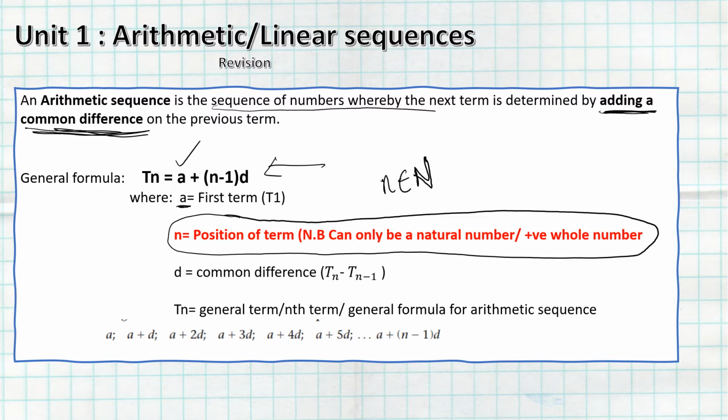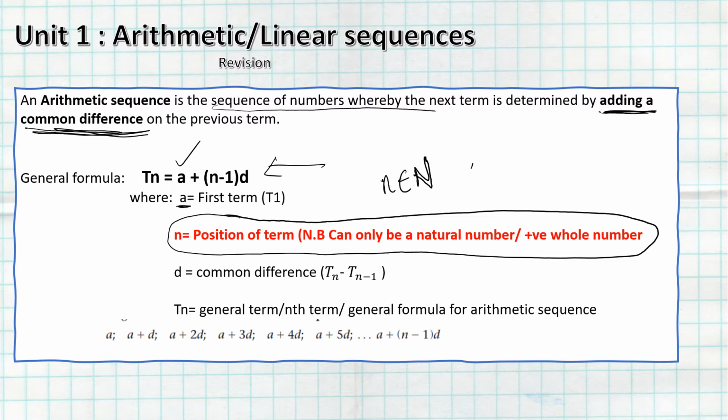Why? Because n represents the position of a term. We can't say someone is standing in position -1. There's no such thing. You can't stand in position -1, or position 1/2 or -3/4. So n can only be an element of the natural numbers.